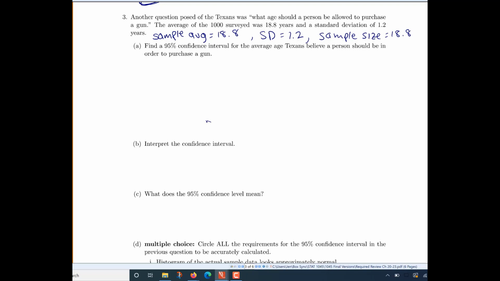So find a 95% confidence interval for the average age Texans believe a person should be in order to purchase a gun. So our formula for this is going to be our sample average plus or minus z star times standard error for the average.